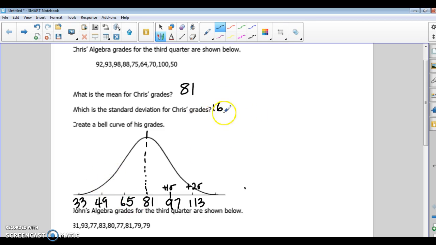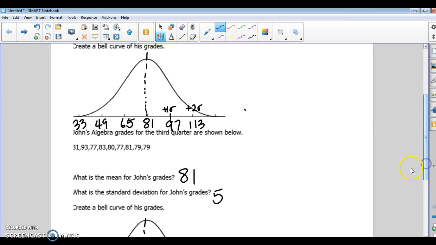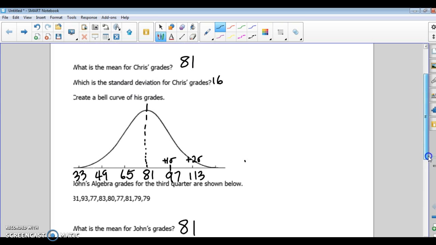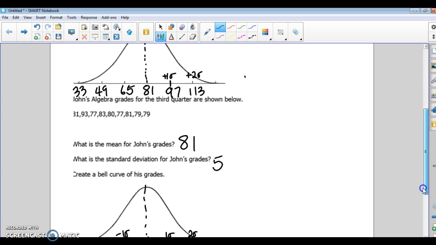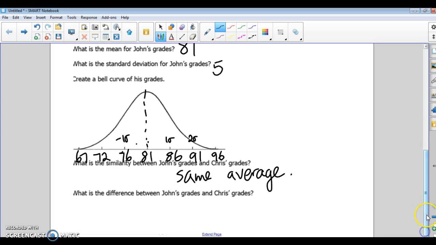Chris's standard deviation is 16, right? And John's standard deviation is 5. Whose standard deviation is bigger? Chris's standard deviation is 16. It's bigger, correct? What does that mean? His data is more spread out.